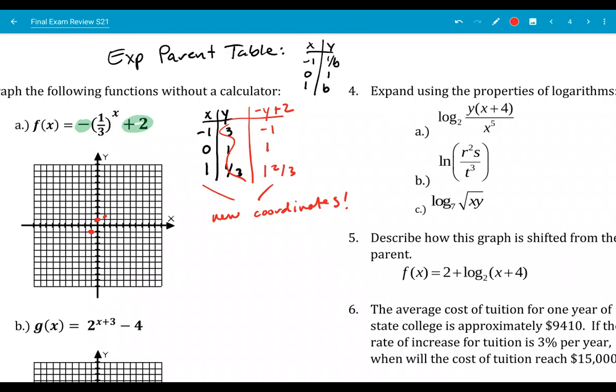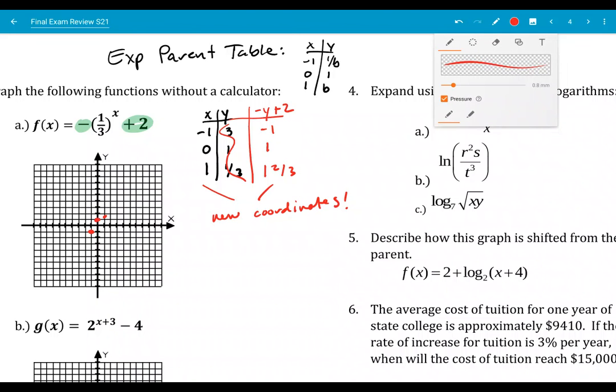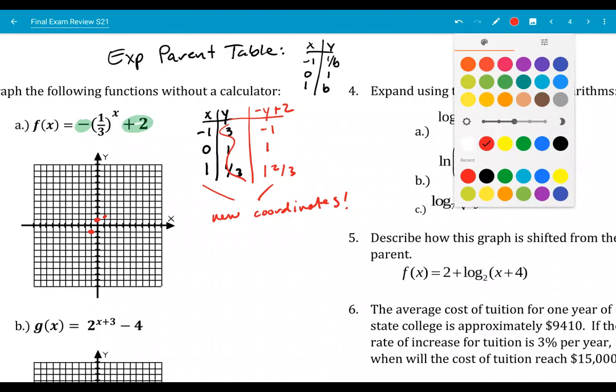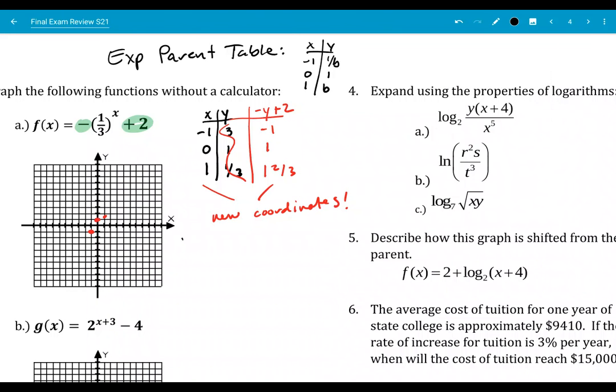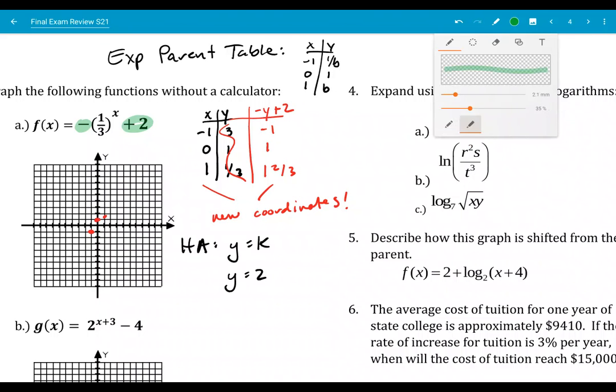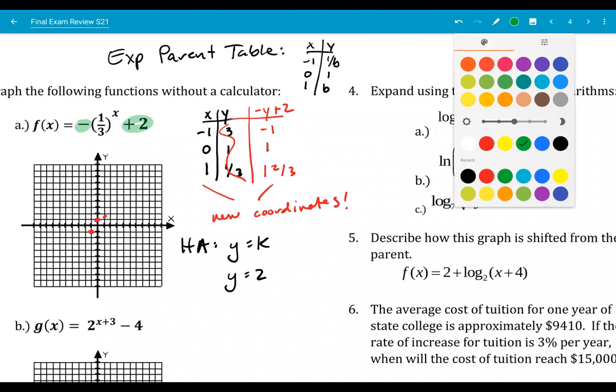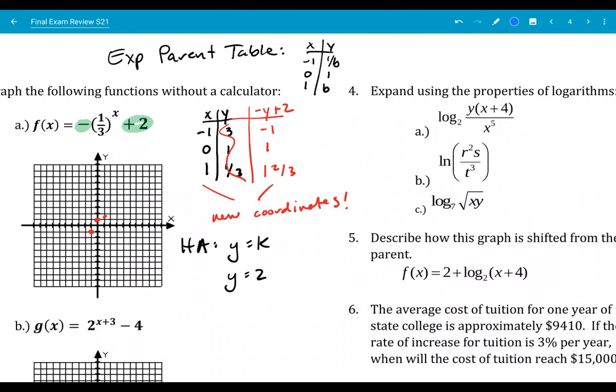Keep in mind here your asymptote. What you need to remember is the asymptote is just my k value here. So my HA, which is y is equal to k. In this case, it's equal to 2, so I need to graph that. I'm just going to graph that in highlighter just so we can see it.